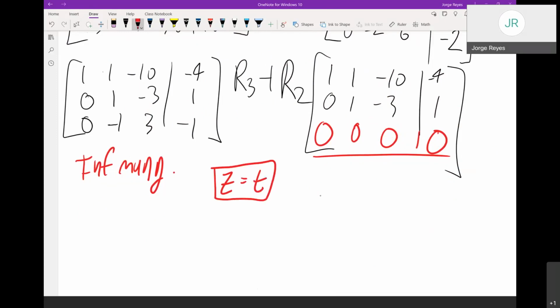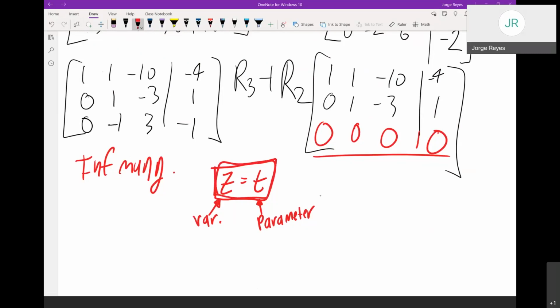That's my answer. So Z is a variable, and by calling it T we're making it what we call a parameter. We're going to pretend that T is a number that we actually know. So this means we know what Z is.